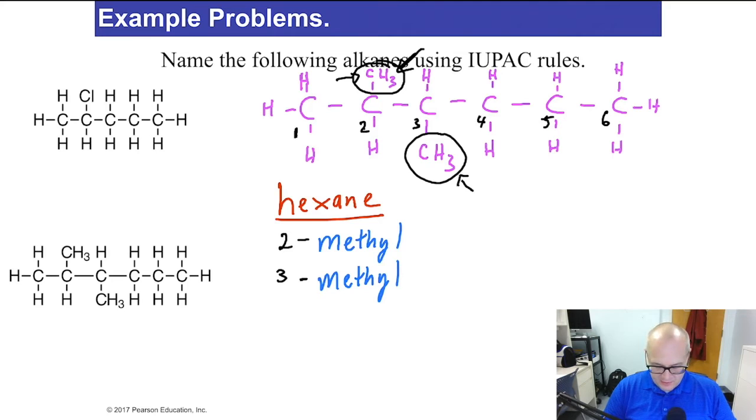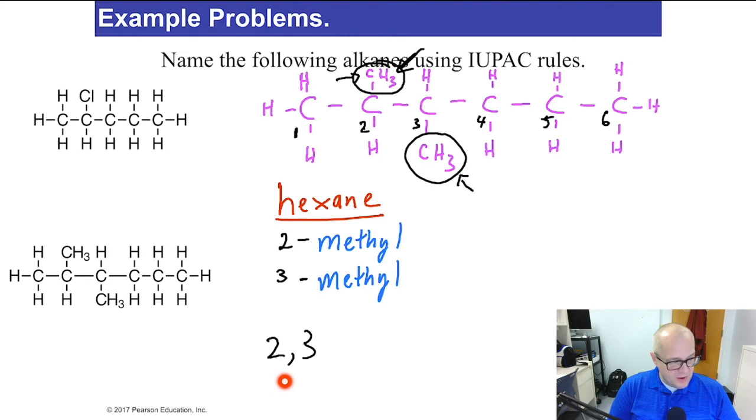So what we're saying here is at carbon 2, there's a methyl instead of a hydrogen. At carbon 3, one of the hydrogens has been replaced and a methyl is there. These are substituents. Now there's 2 of them, and they're the same. So we have to tell the reader what number the carbons were and what's there. So now here's how you put it together. 2, 3.